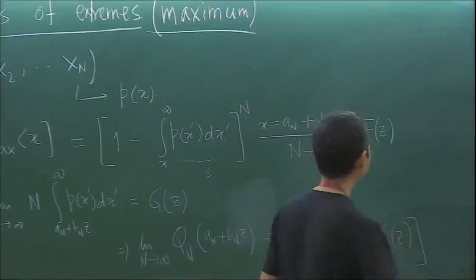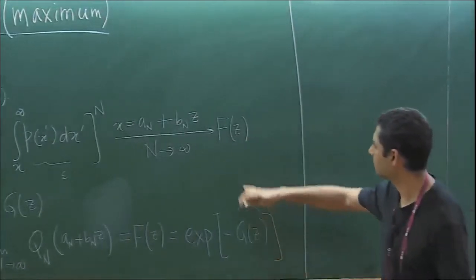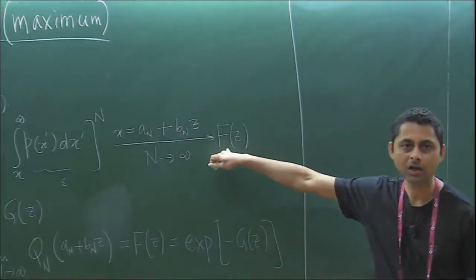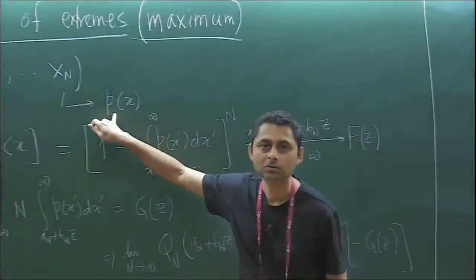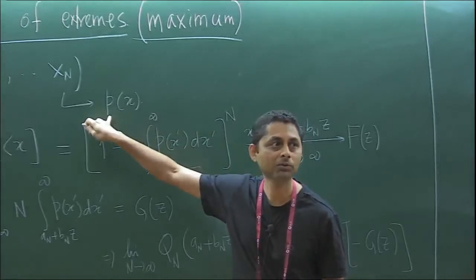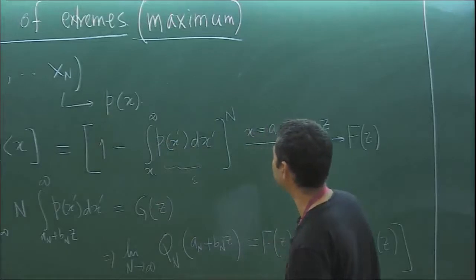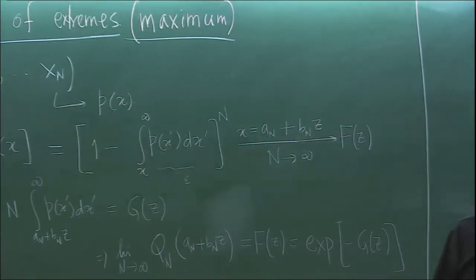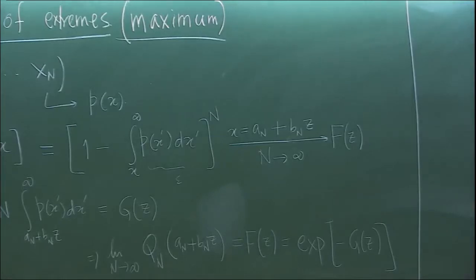So the plan of the talk today is to find out g of z or f of z for all possible functions p of x. So p of x is a probability distribution, right? So the integral of p of x over all x is 1 and it's positive, right? So I'm going to do two ways.